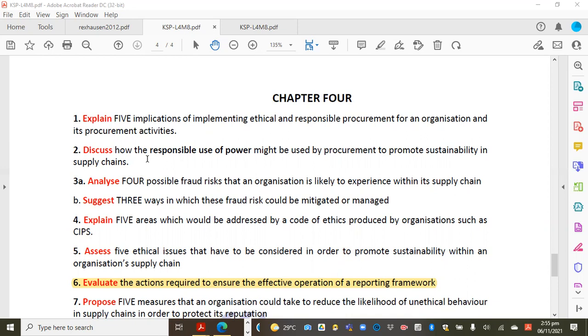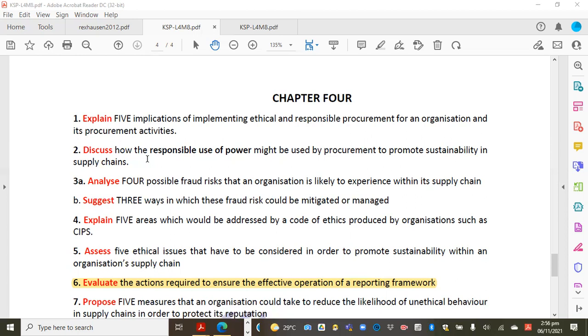Reward power is the power you have by virtue of your ability to offer rewards. A buying organization has reward power if the contract it's inviting suppliers to bid for is so lucrative and suppliers really need that contract.